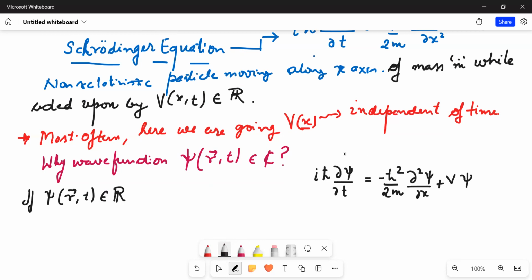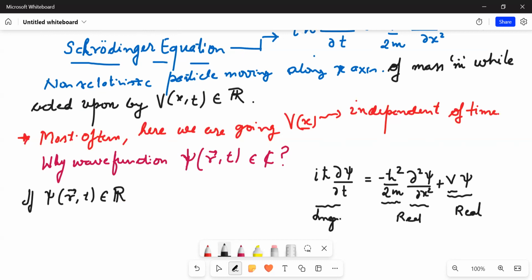If psi is real, then this product must be real, right? And if psi is real, then the second derivative must be real. So this is also real. Had it been a real thing, then the derivative is real and it is multiplied by iota h bar.